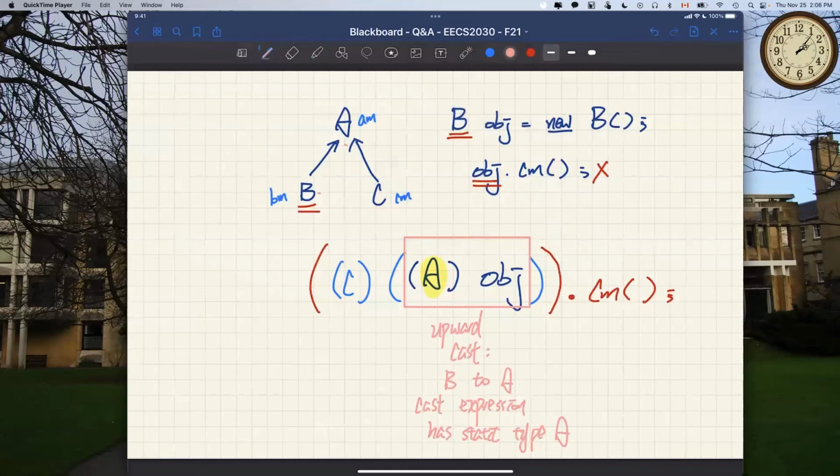And now, can we actually cast from A down to C? Indeed, it's a downward casting. So that's why it's really important for you to see this as A. And then this part over here, just this part, is actually a downward cast.